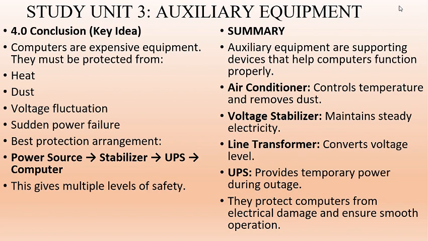It's not as if they are not there, the computer will not function. The computer will function, but for the computer to function properly, that is why they are needed.